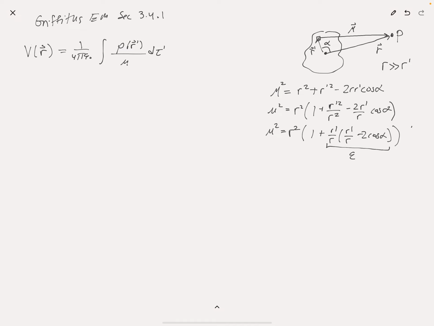Then the strategy last time was to say, all right, we have a value for script R. Now let's find a value for 1 over script R. So 1 over script R then becomes 1 over R times 1 plus epsilon to the minus 1/2.